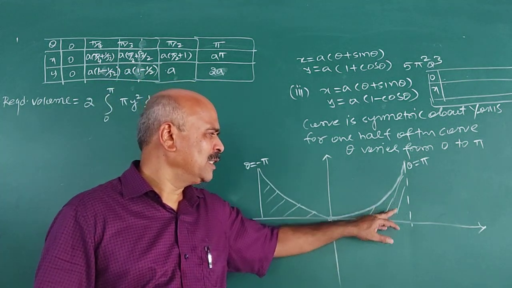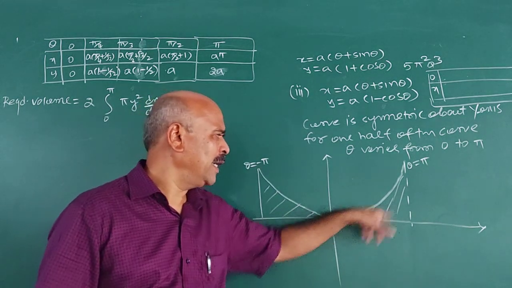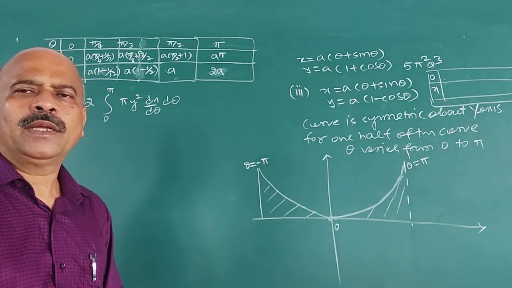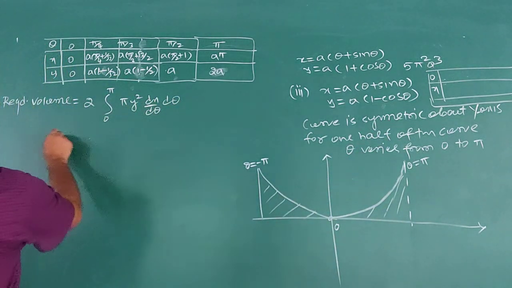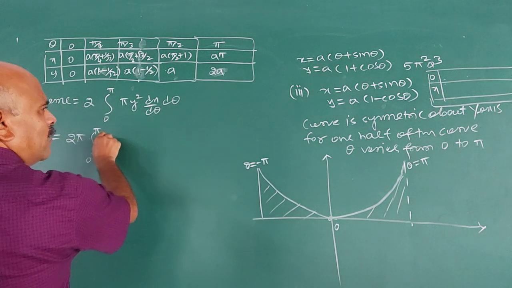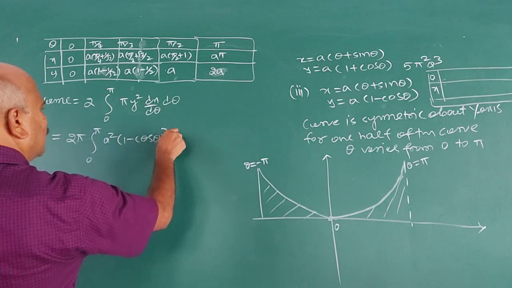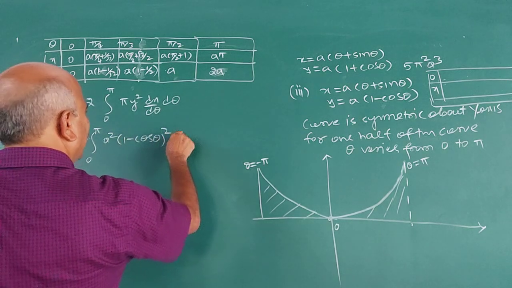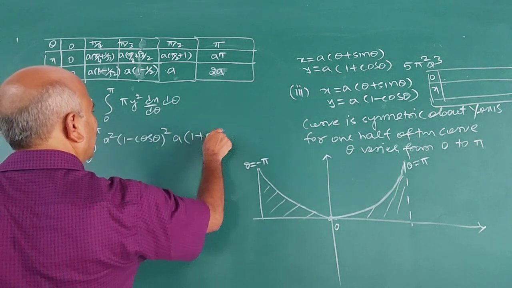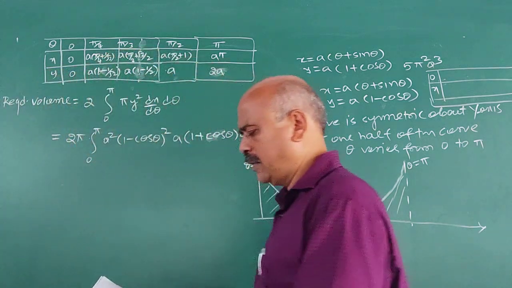This area that I have drawn and marked here is revolved about the x axis. So by symmetry, calculate using the definite integral 2 pi, 0 to pi, y square, where y is a into 1 minus cos theta, whole square, and dx by d theta is a into 1 plus cos theta d theta.